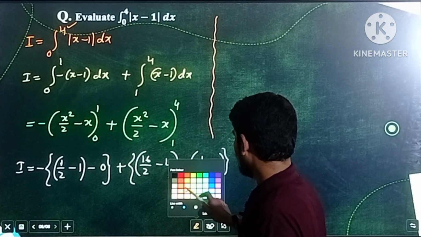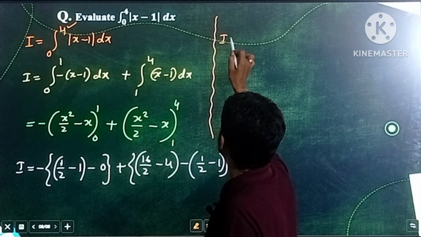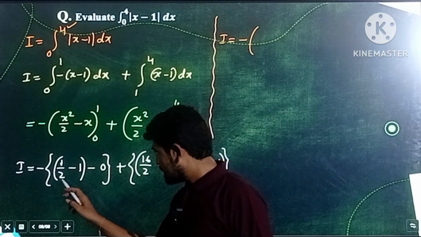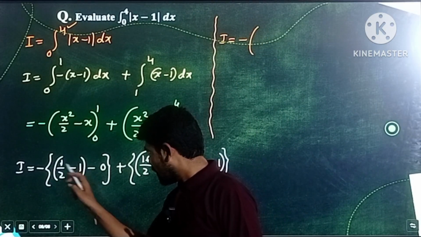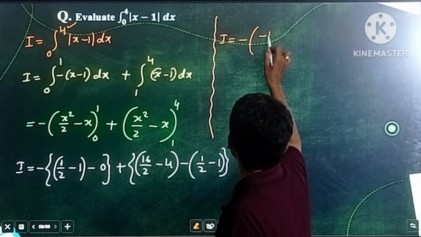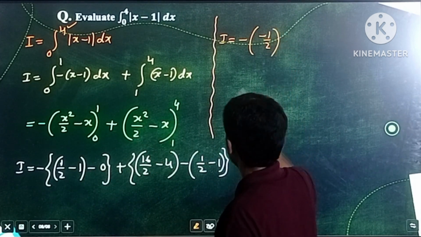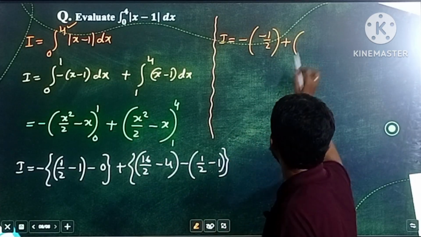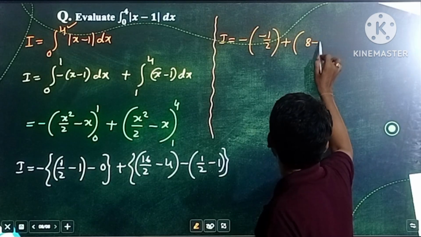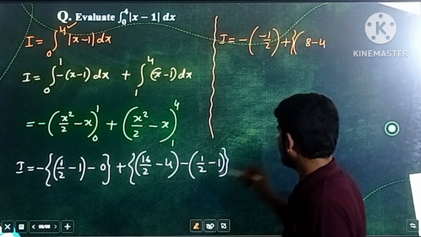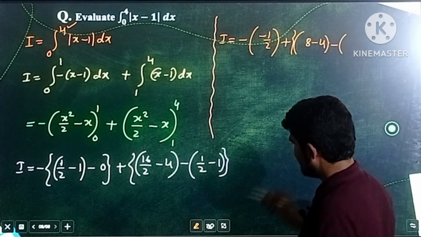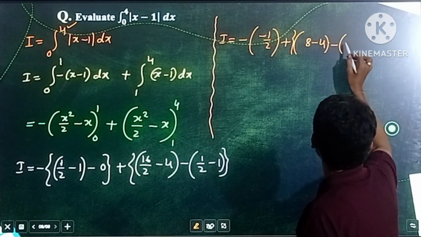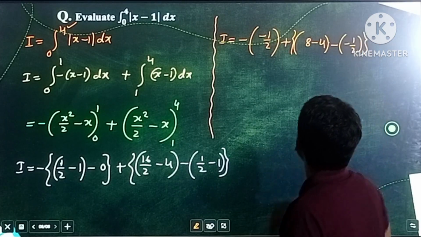Therefore, I is equal to, see here, minus of, here LCM is 2, 2 into 1 is 2, 1 minus 2 is minus 1 divided by 2, and then minus 0, leave it, plus 16 by 2 is 8, minus 4, and then minus, see here LCM is 2, 2 into 1 is 2, 1 minus 2 is minus 1, minus 1 divided by 2. I hope all of you are understanding.